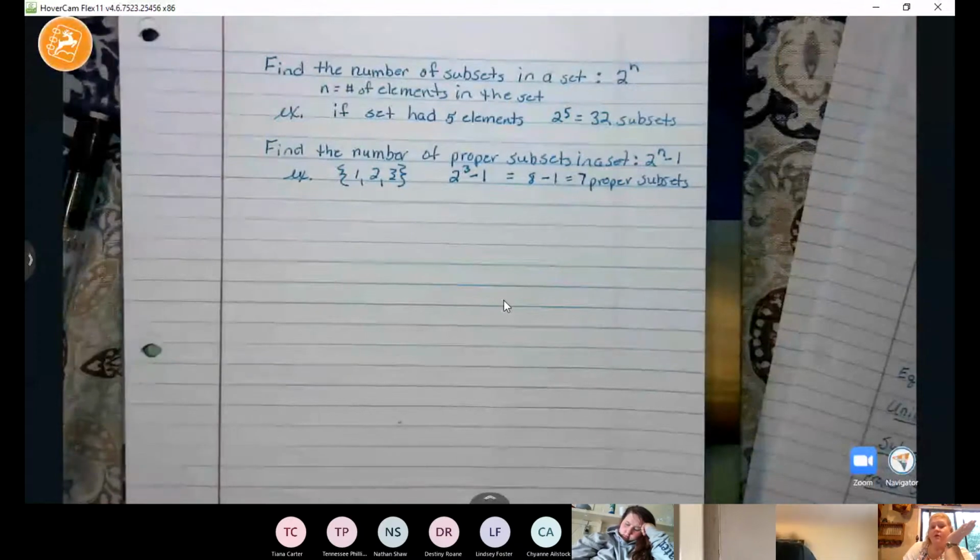Again, the reason there's only one less is because you take out the set with all the elements in it.